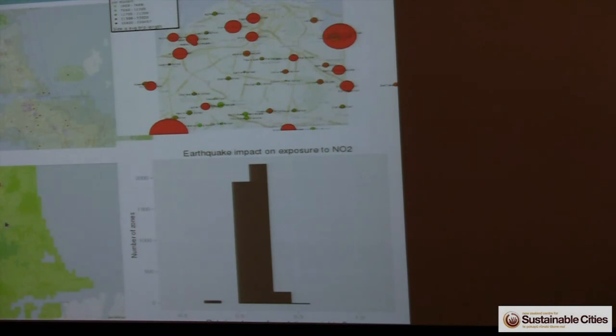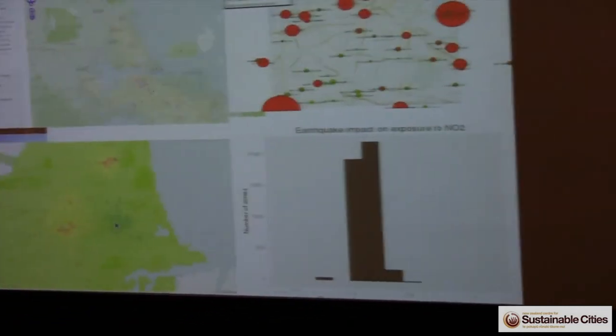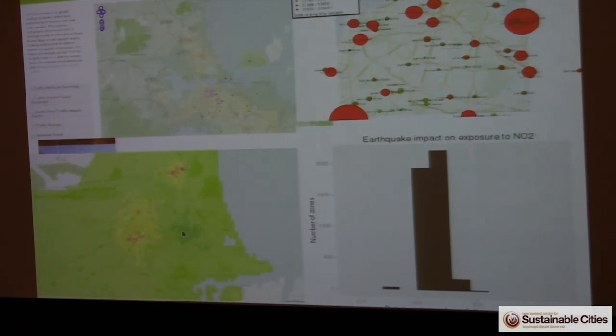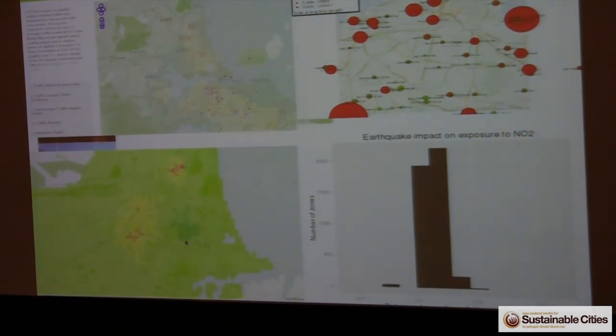So areas here in the CBD or downtown Christchurch where no cars were traveling after the earthquake saw an improvement, a reduction in the NO2 concentrations, where some areas in the outskirts here saw an increase. And in terms of population, that can be summarized as a few people got a better air quality after the earthquake, and a lot of people got it worse.